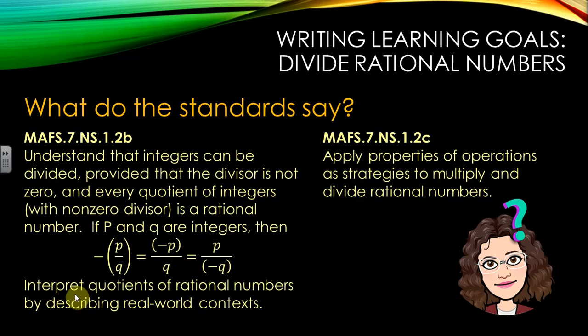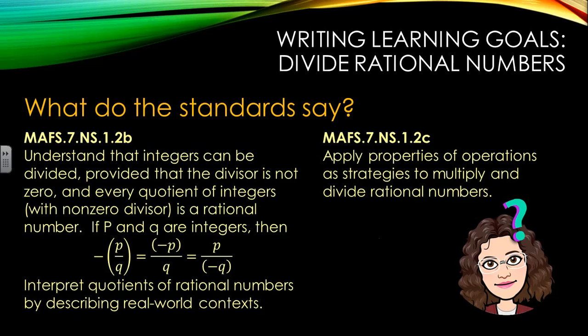And students are to interpret quotients of rational numbers by describing real-world context. Let's look at 7.NS.1.2c. It says students will apply properties of operations as strategies to multiply and divide rational numbers.